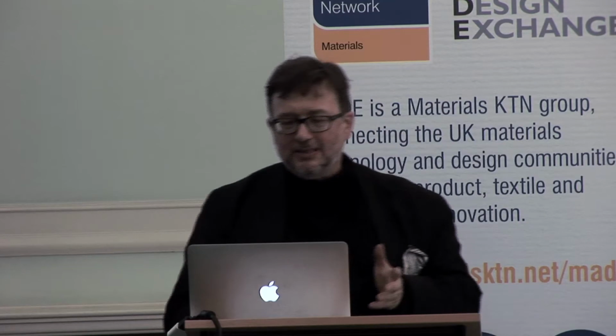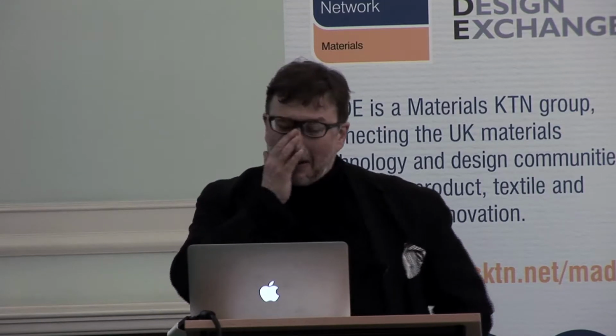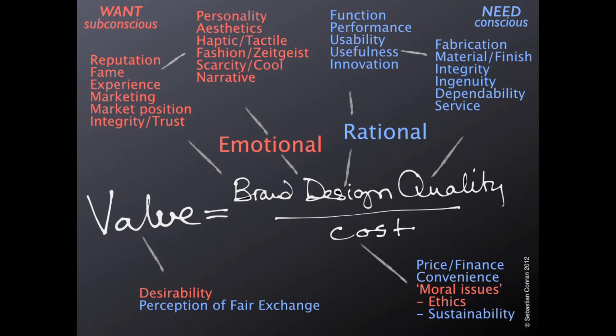And then there are other moral issues like ethics and sustainability. I mean, sustainability shouldn't be a moral issue, it should be a rational issue, but I think it probably comes down there. But if you look at the judgments you make and the conversation that is going on in people's minds when they're judging the value of products, because without value there is no trade, you get a conversation between what you need, your consciousness and your intuition, and what you want, your subconsciousness.